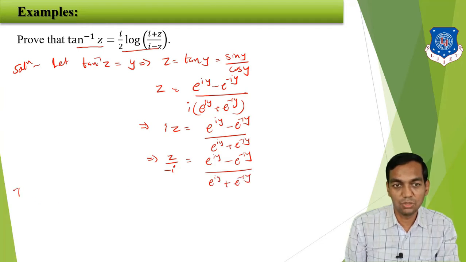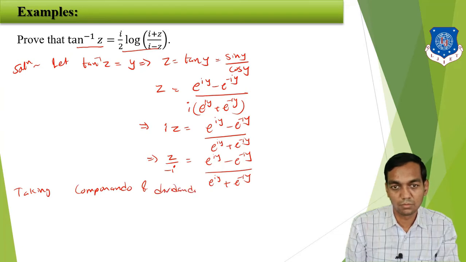Now taking componendo and dividendo, and that will be z minus i upon z plus i.